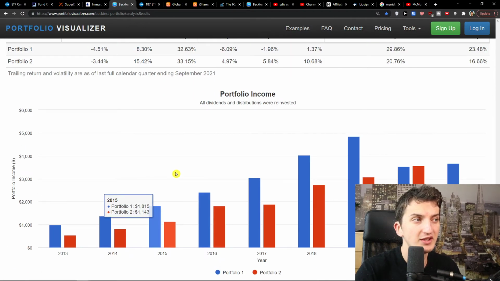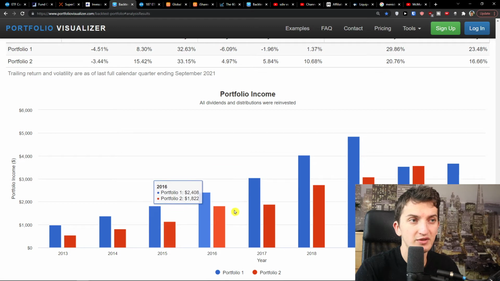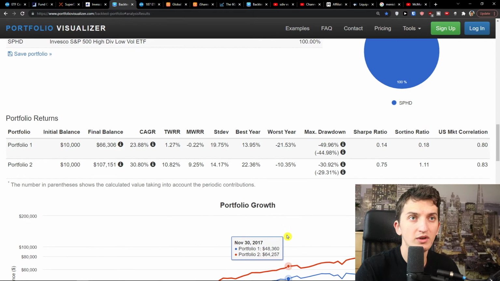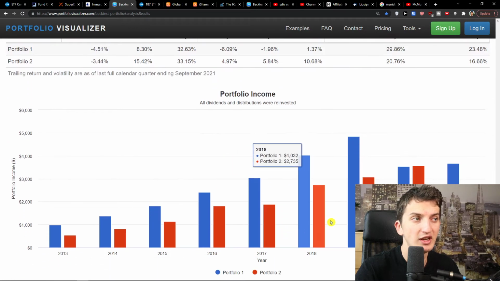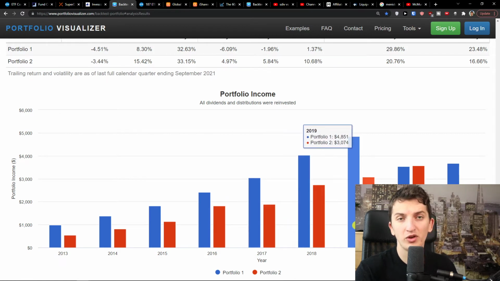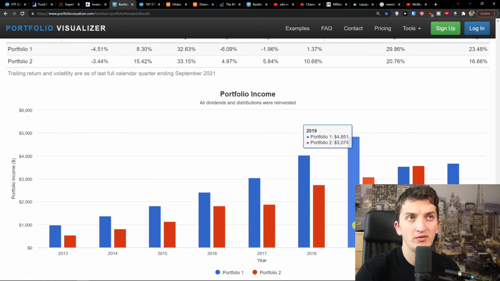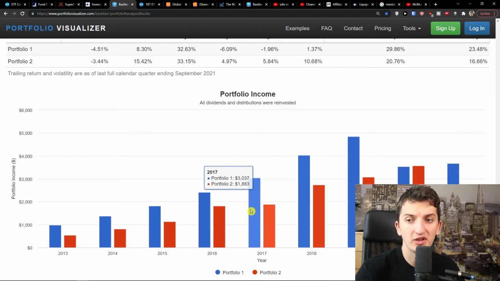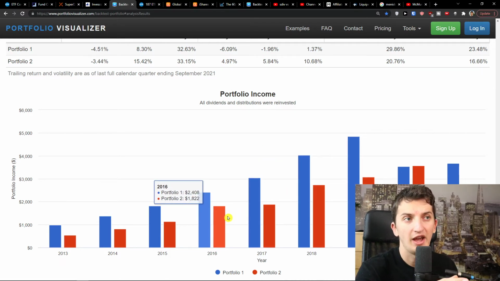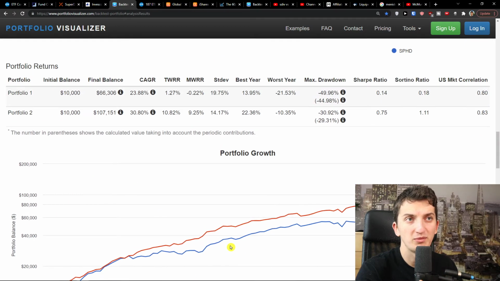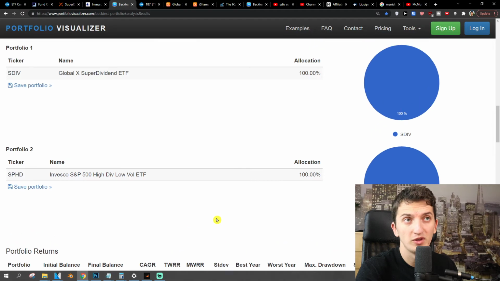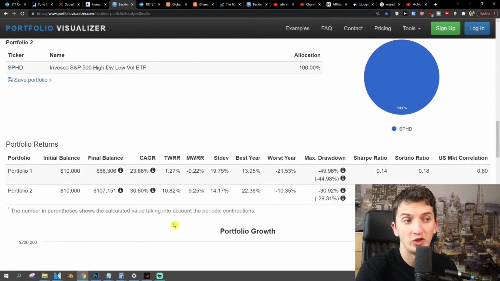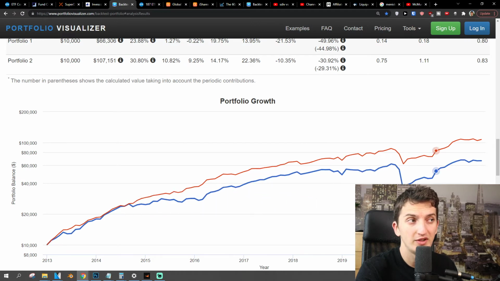Many times the dividends were better with SPHD, really great. But when you look at the growth of everything, it's important for me to combine those things, because if you started investing into SDIV and SPHD at the same time, in January 2014, you would make $41,000 more with SPHD. You can see it right here.